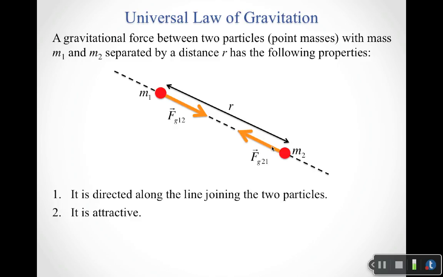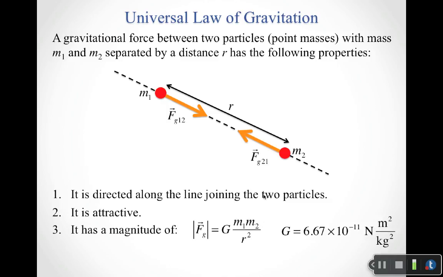In dealing with the gravitational force up till now, the reason we've always said that it points down is because you are always being attracted towards the center of the Earth. And three, it has a magnitude given by this expression. Big G is known as the gravitational constant, and it's 6.67 times 10 to the minus 11 newton meters squared per kilogram squared.